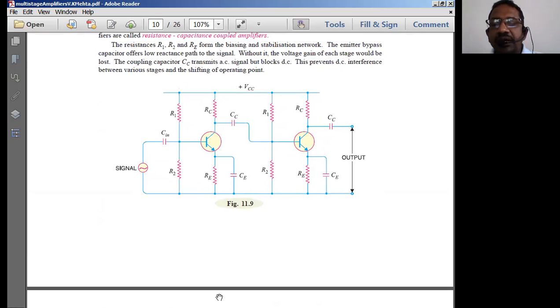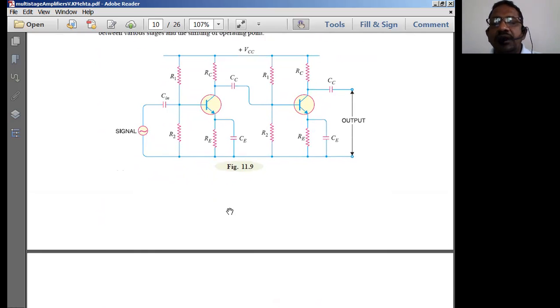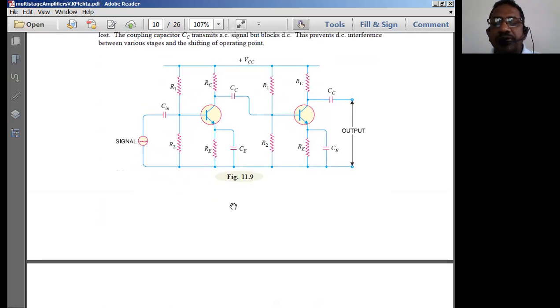So what's happening here in the case of the RC coupled amplifier stage? The output of this amplifier, which is going to be an amplified version of the input, is applied to the input of this one. So that means it provides some gain. This amplifier is going to provide some gain. What is the overall gain we get? It is simply a multiplication of the gains of these two amplifier stages. Because of that, the overall gain is also going to get improved.